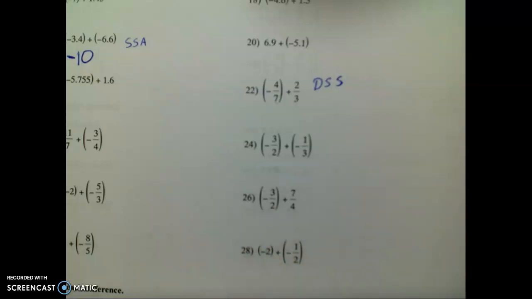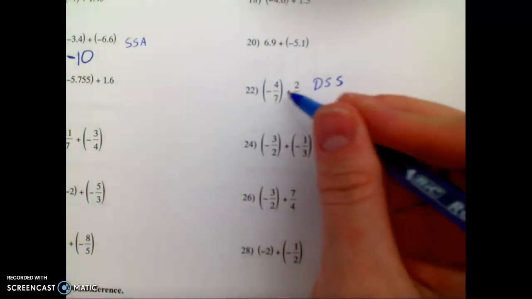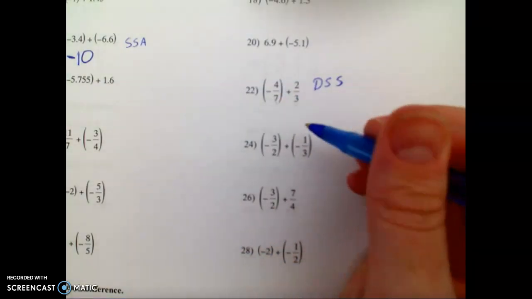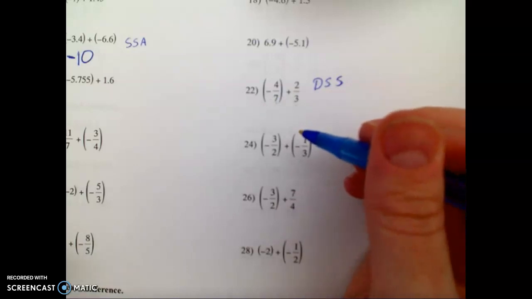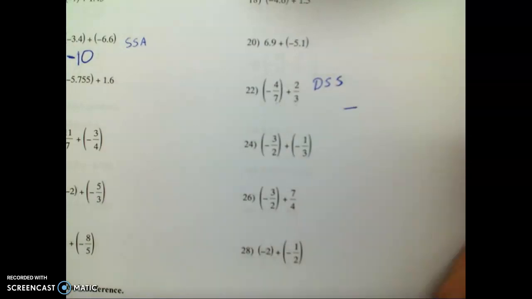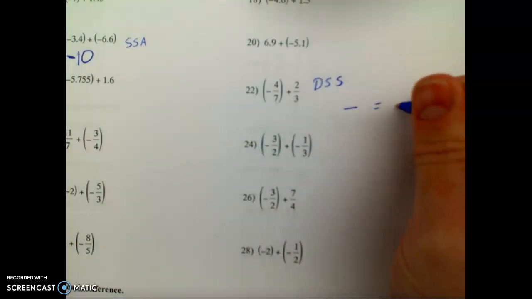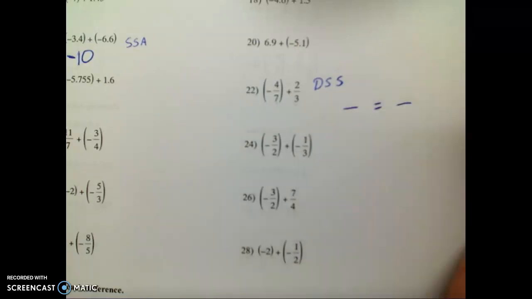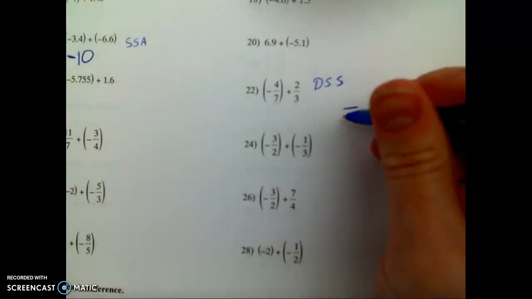Yay! All right, so what I'm going to do is multiply each of these fractions by something to make a common denominator. So I'm going to want these to be the same. The easiest way to do this without breaking your head over the lowest common denominator is just to multiply these two together. 7 times 3 is 21.